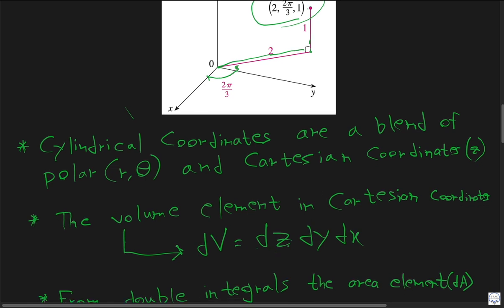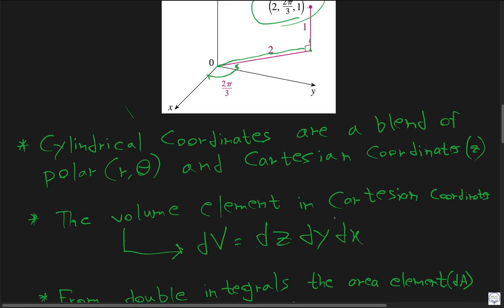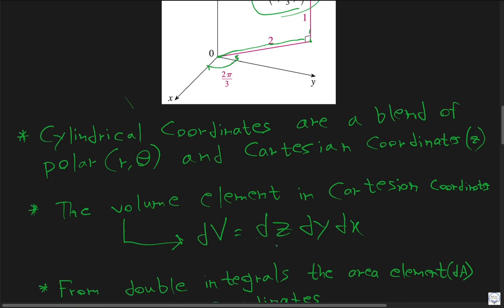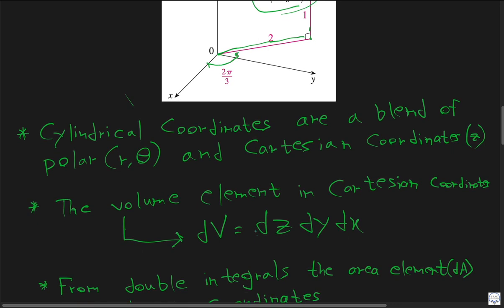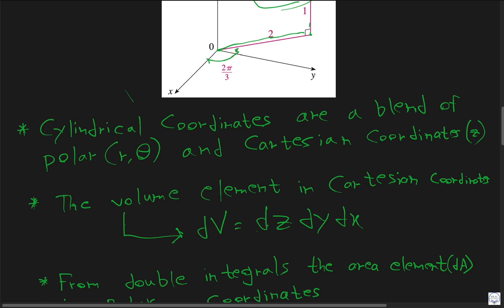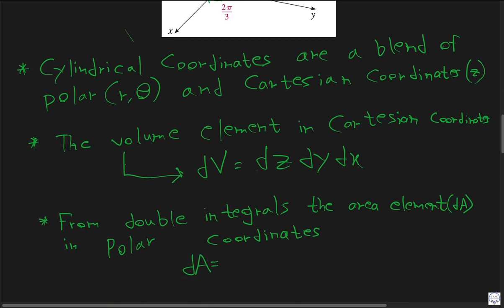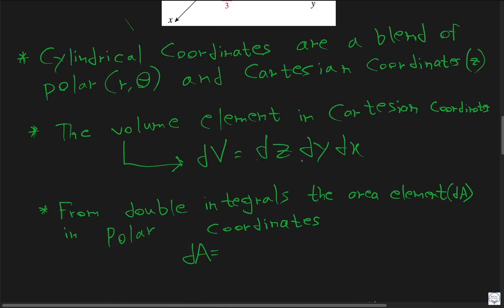It's still the same thing, such as dx dy dz, or dy dz dx. It doesn't really matter. But here it will help us if we write in this particular order, with dz as being the first one. And what we should note is that dy dx is just the area element, dA. So we can write this as dz dA.